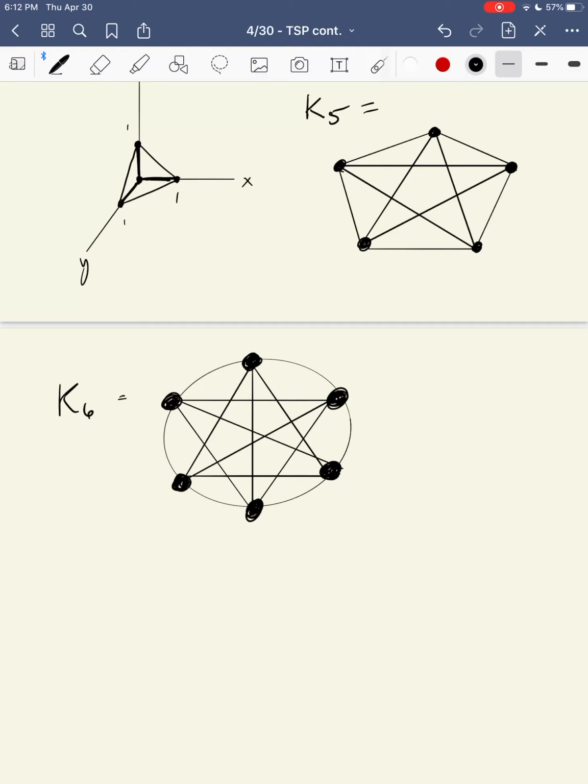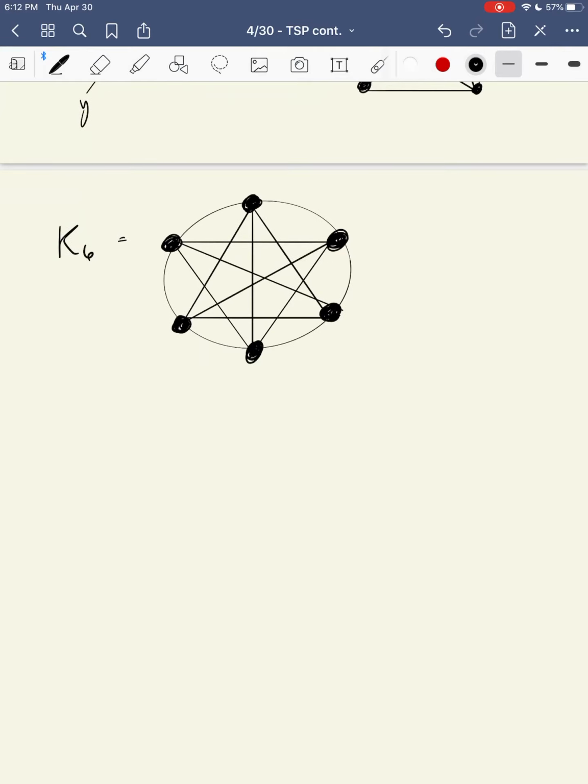Now what are some facts about these? The first fact I want to note about complete graphs is, fact 1: Kn has n vertices. This may be a pretty simple fact. I don't think I have to argue that.